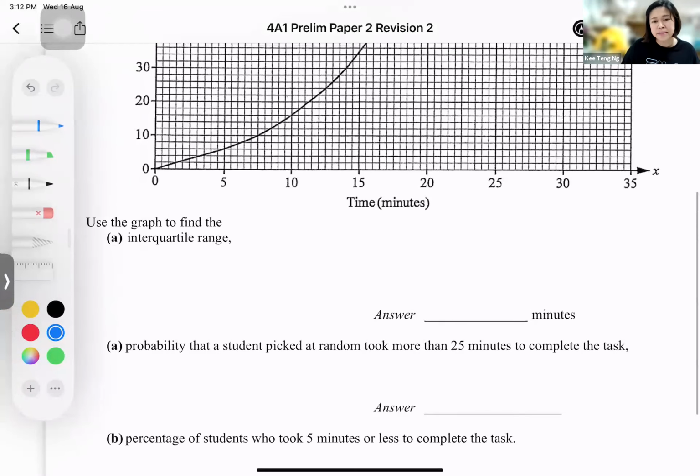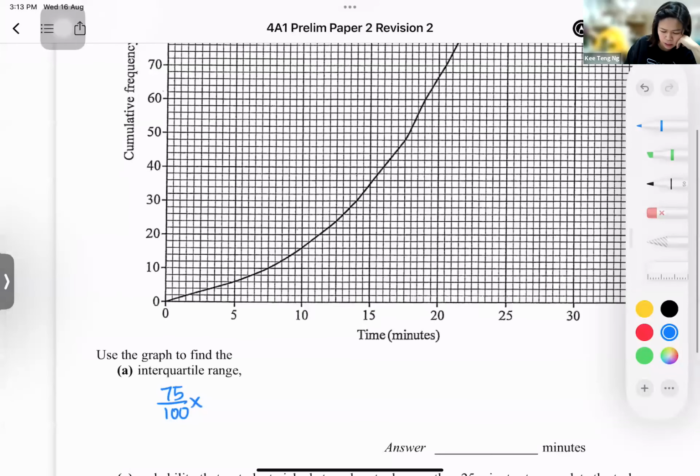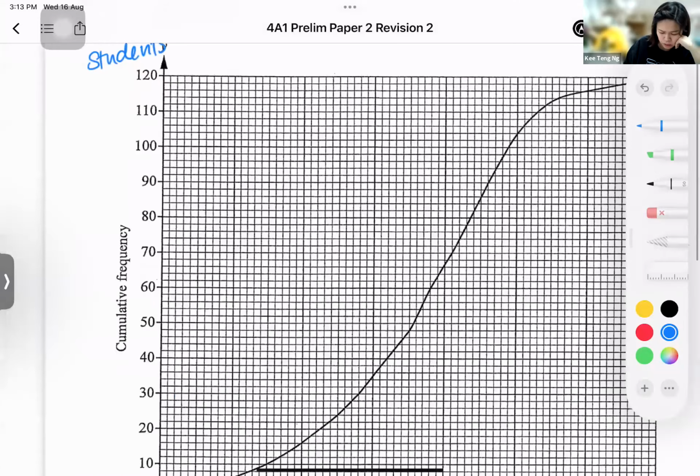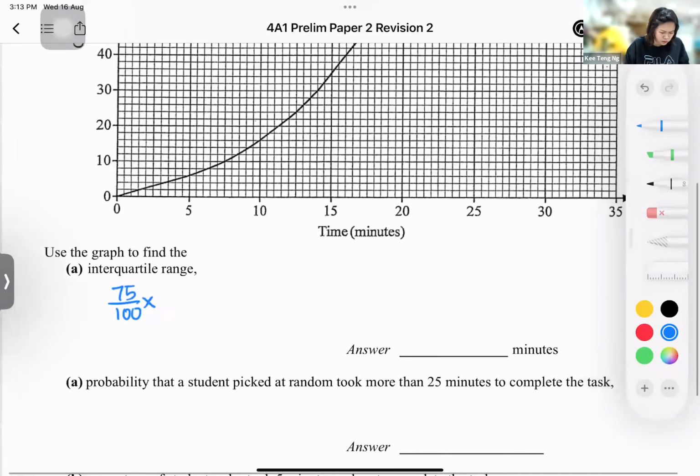Upper quartile, how many percent? 75. So 75% of what number? Of the number of students, 120.